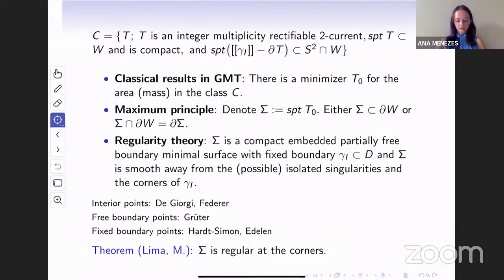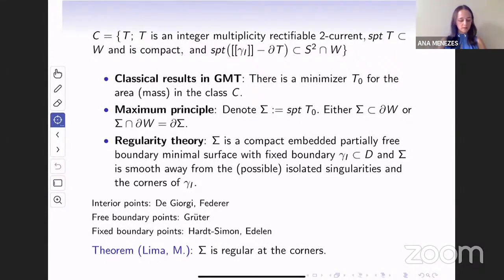For that we followed a sketch by Grüter and Simon. So we only miss regularity at these possible any-pronged singularities, right? But that won't be a problem for us because, as we are going to see, we just need regularity outside the disk D. Good, so sigma is smooth, at least away from these any-prongs.